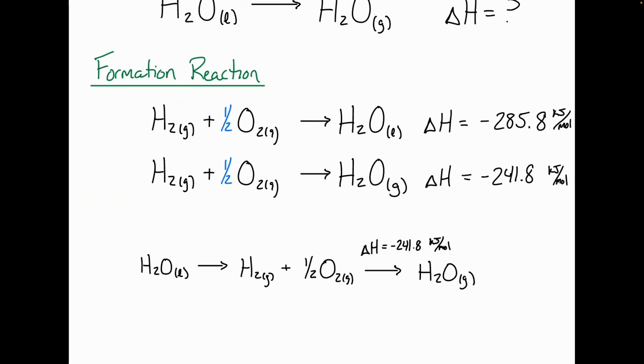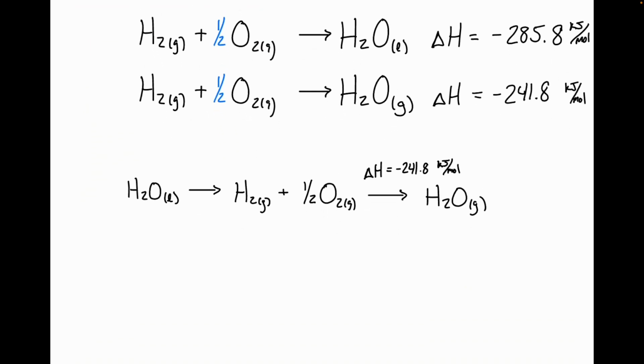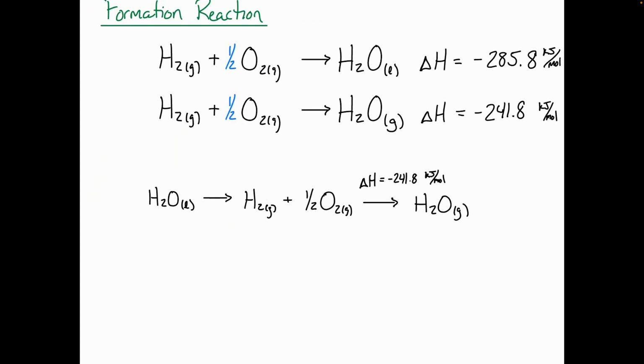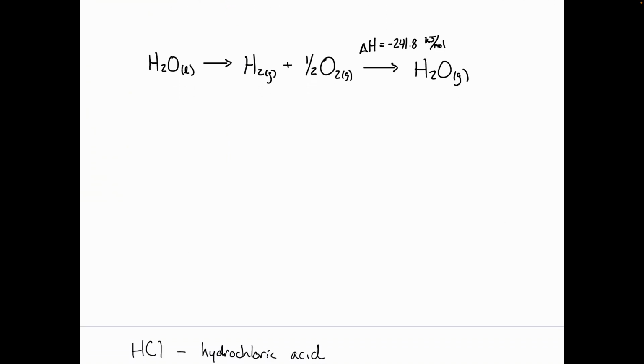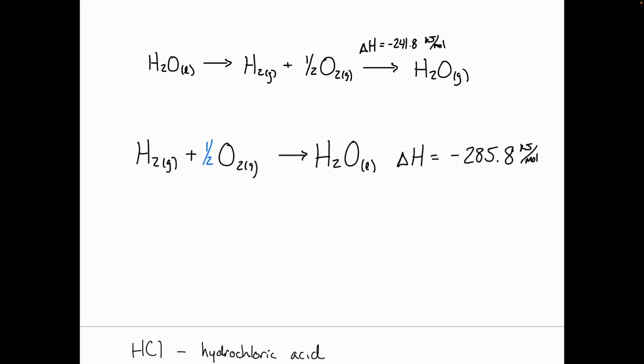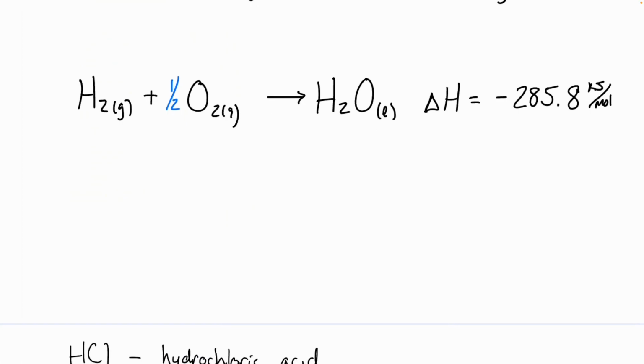Okay, so then if we look here, this first step is going from liquid water to these elements in their standard state. So the reverse of what we see up here. All right, so importantly, let's just do it side by side here. If this is our reaction, and we know the enthalpy is this negative 285.8.